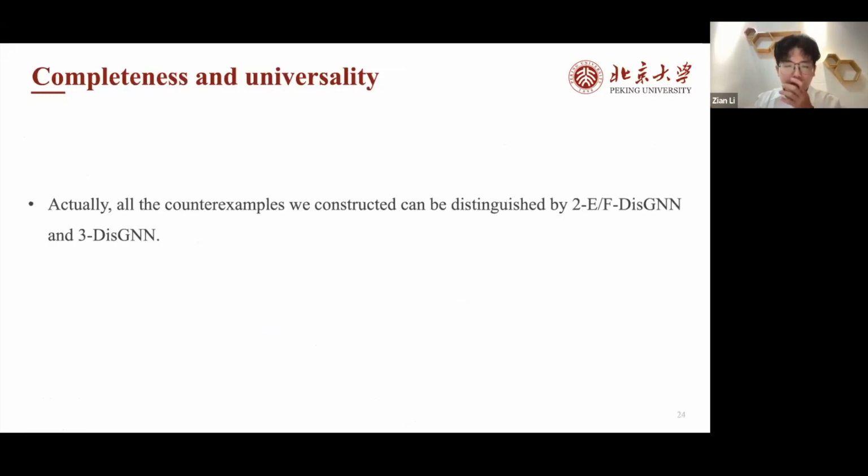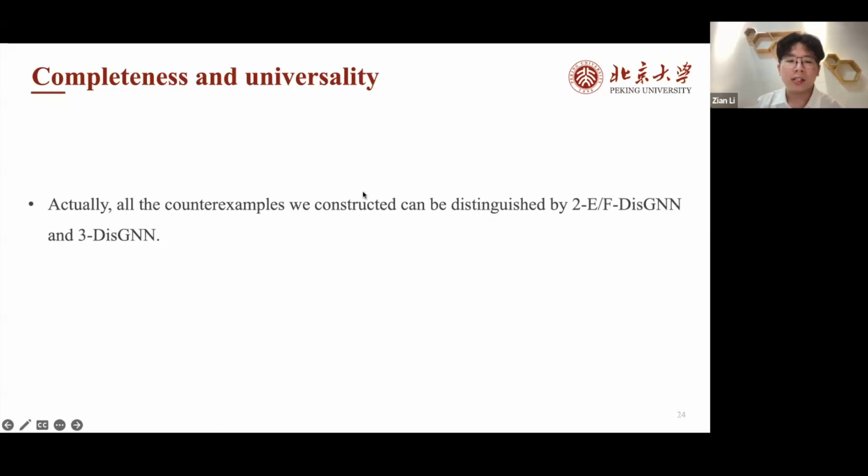And in the following slides, we show the completeness and the universality of our models, and it's the final perspective, and it's the most important. Actually, as we can validate, all the counterexamples we constructed in the first part of our paper can be distinguished by 2E or 2F DisGN and 3 DisGN.